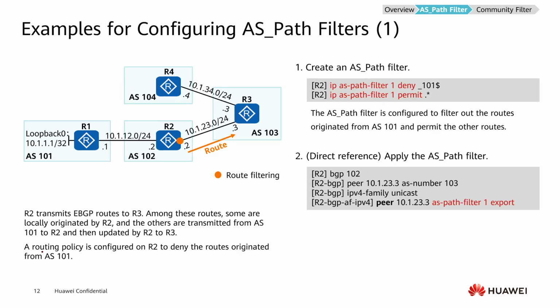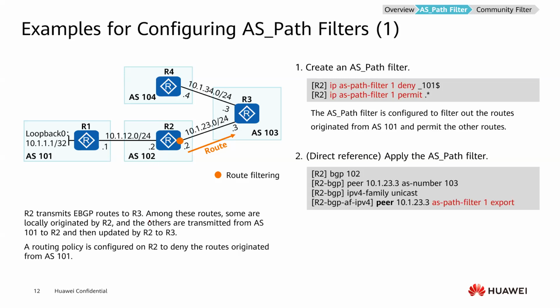Let's see the requirement first. This is the whole network: R1, R2, R3, R4, and they are in different ASes, and all of them establish eBGP relationships between each other. R2 transmits eBGP routes to R3. Among these routes, some are originated by R2, and some are created by other ASes.